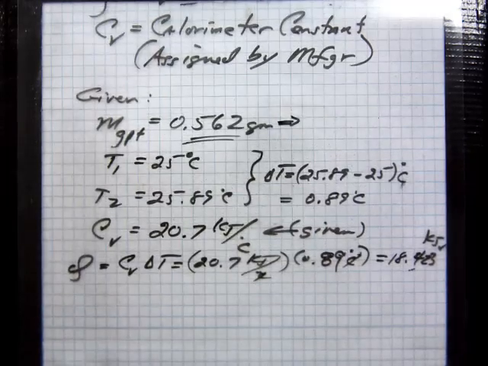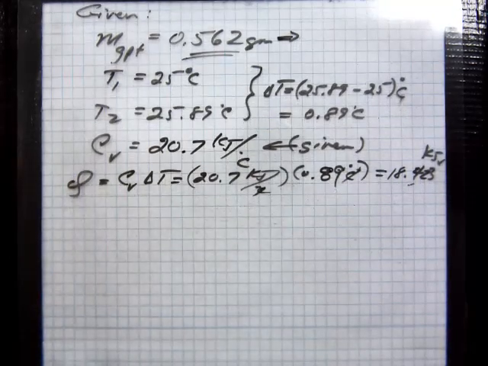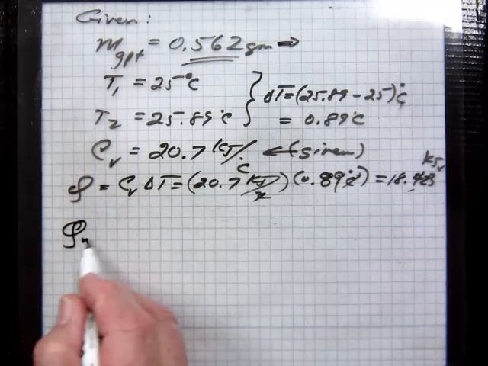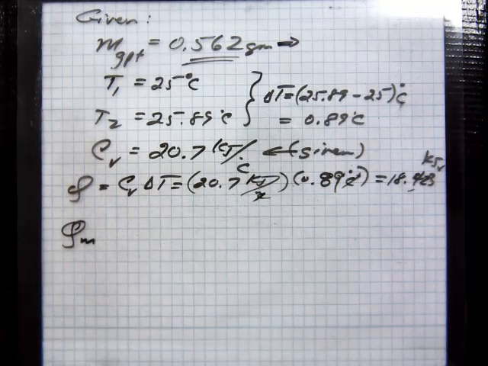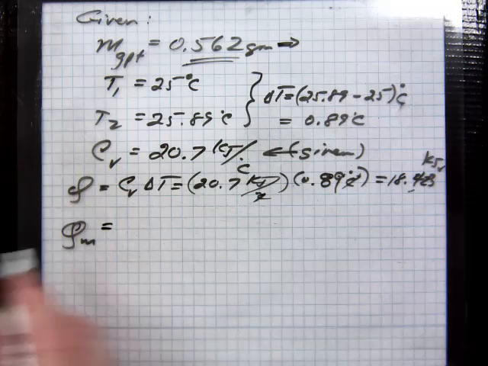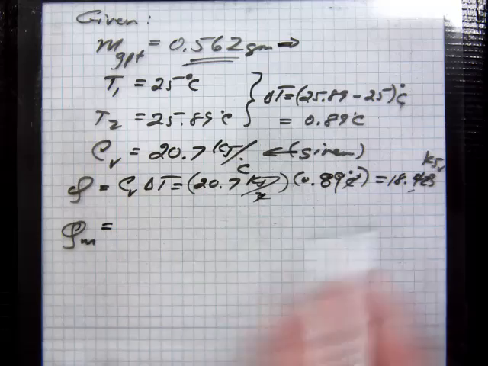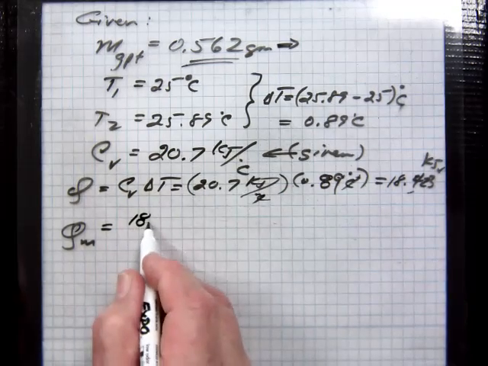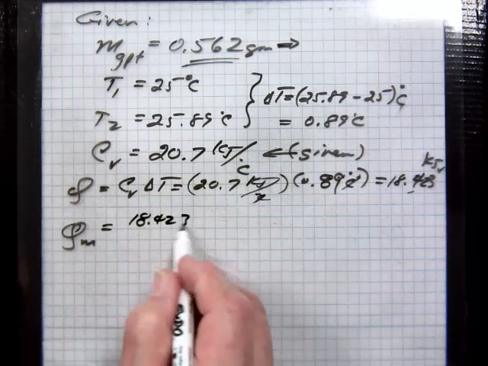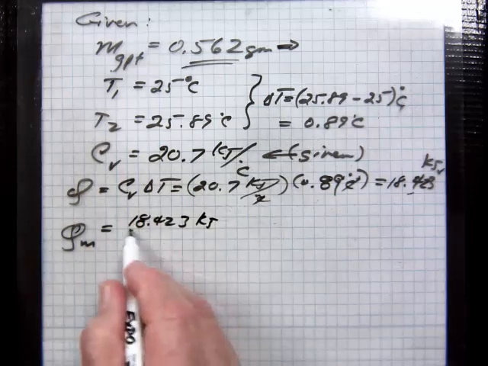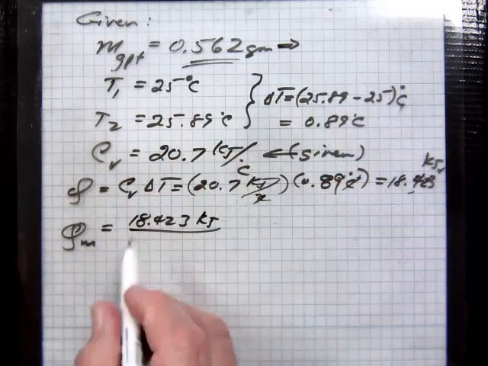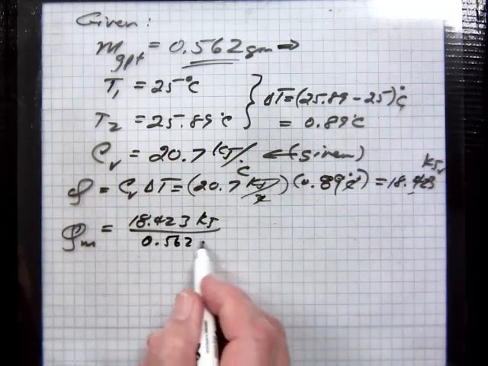So, look at that. The molar heat of reaction for the graphite now is 18.423 kilojoules, and that's for 0.562 grams.